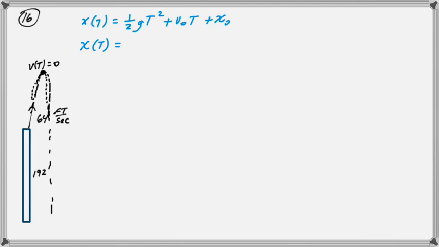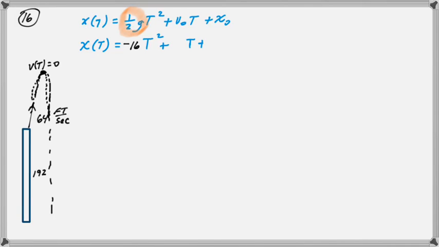So I'm going to take my projectile motion formula here. 1/2 g is 1/2 the acceleration due to gravity. It's either negative 32 feet per second squared or negative 9.8 meters per second squared. Because this is in terms of feet, I use feet. So 1/2 times negative 32 is negative 16 t squared, plus v sub o t.